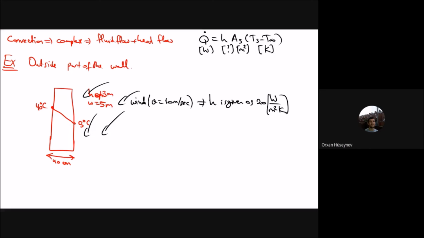But you have to know that this 5 degrees Celsius is at the surface here, while the environment may be at a lower temperature. For example, here you will have 0 degrees Celsius. This is called T infinity. It is far away from the wall, so wall effects are not felt.